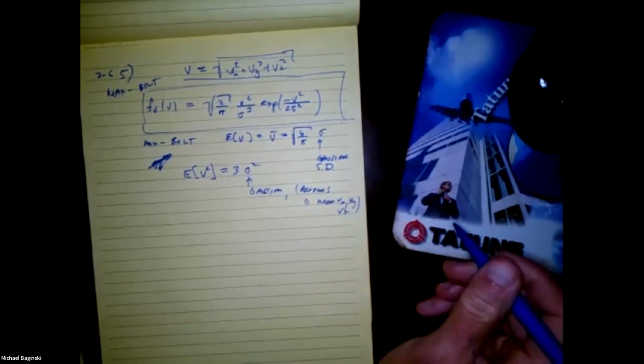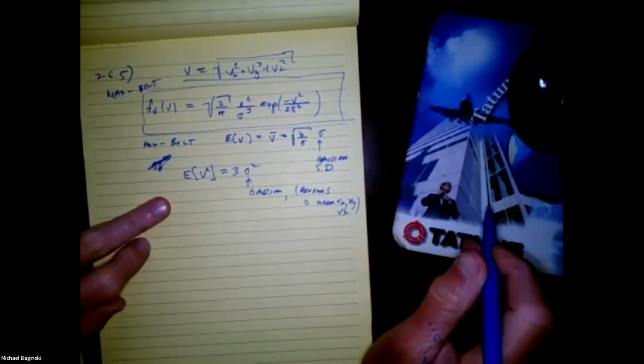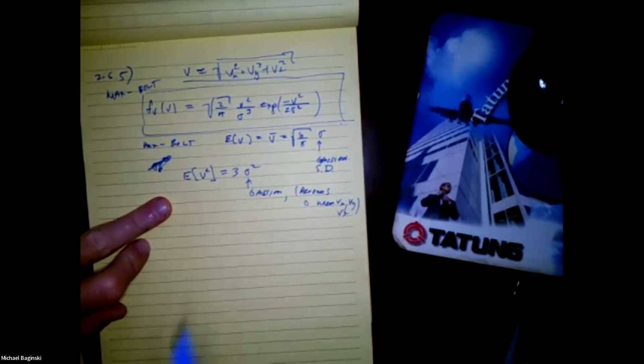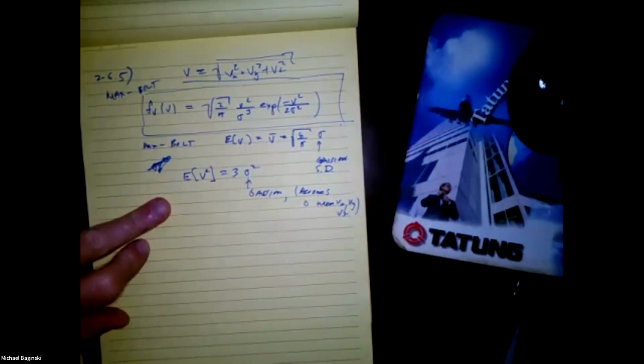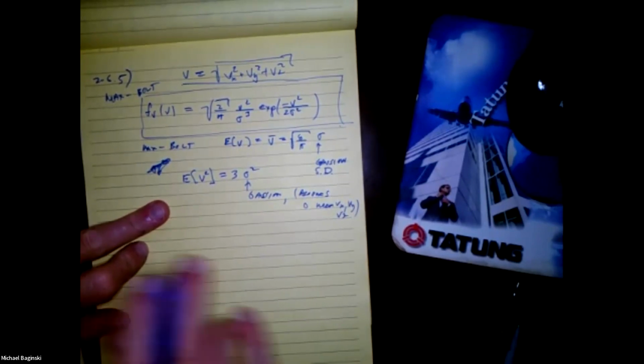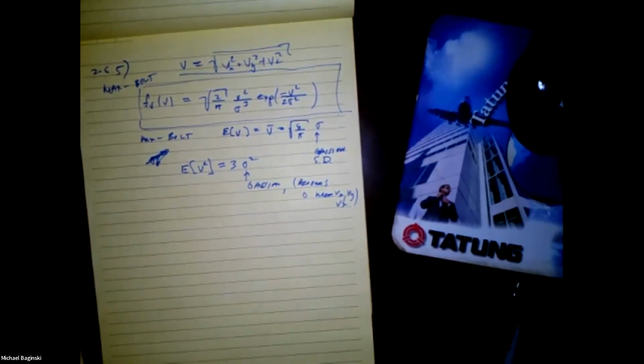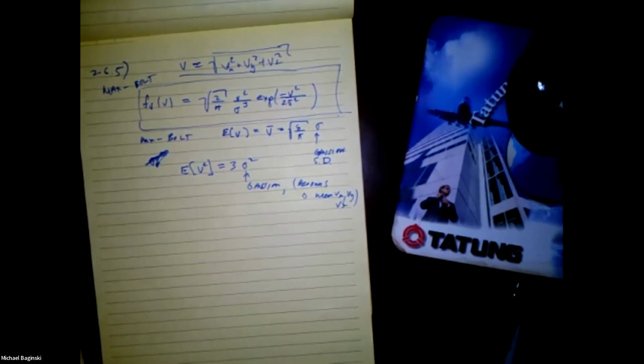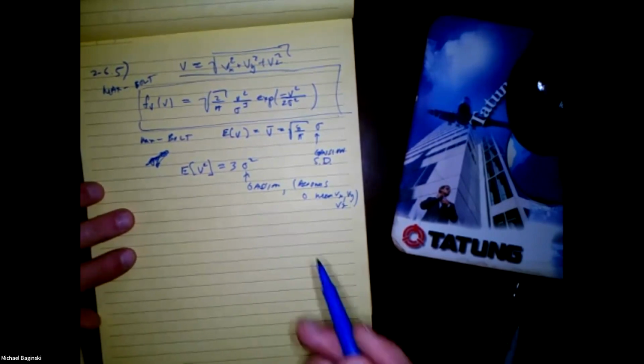If that wasn't the case, you can't do this that way. So the expected value is just 3 sigma squared. Remember, for the Rayleigh, it was 2 sigma squared. Y'all remember that? If the average velocity of the X and Y components are 0. So please just try to appreciate that. Next, for the variance, what's the variance of the molecular speed?